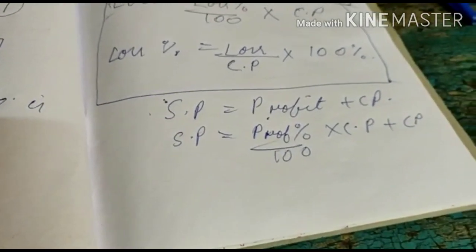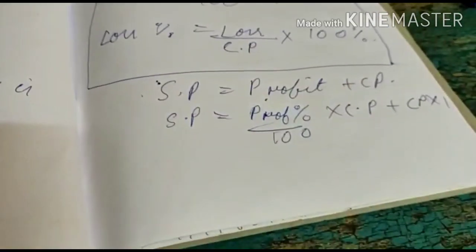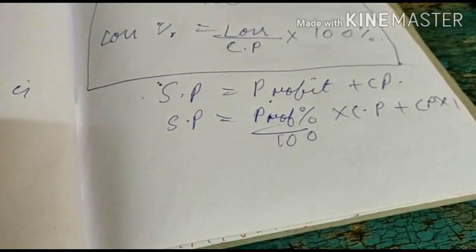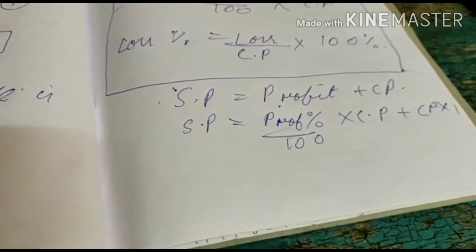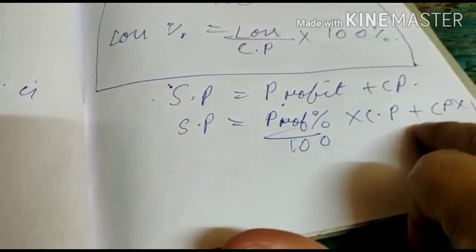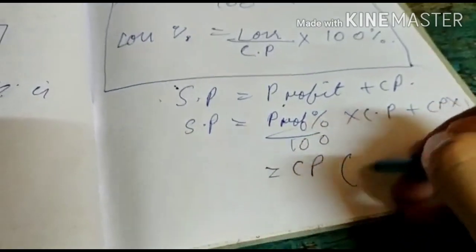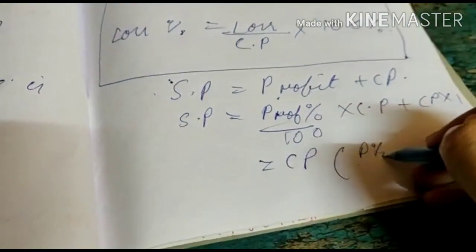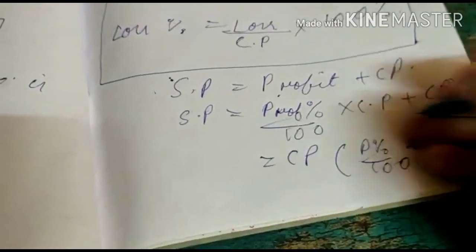If you write this last CP as CP into 1, it won't change the value. Like your CP is rupees 50 and you make 50 into 1, that will remain 50. Now you can see in both the terms, CP is common. If you take CP as common, this is equals to CP into profit percent upon 100 plus 1. This is your SP.